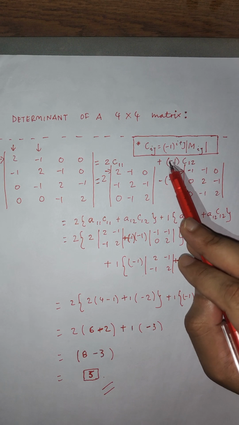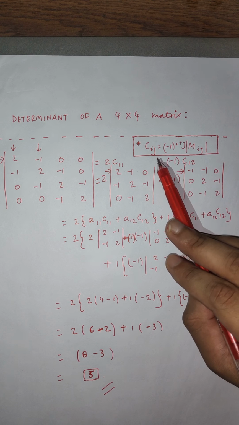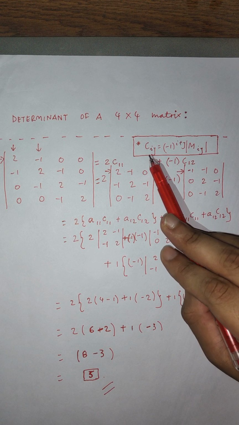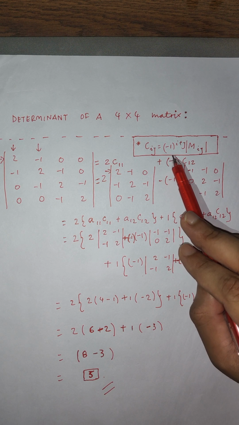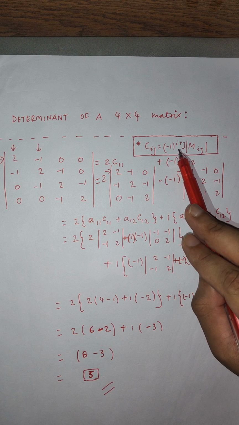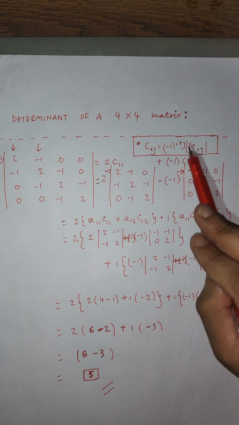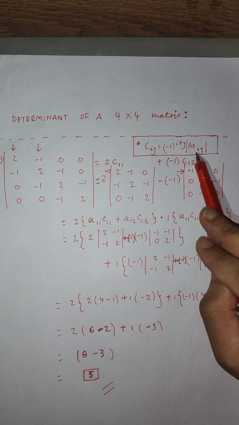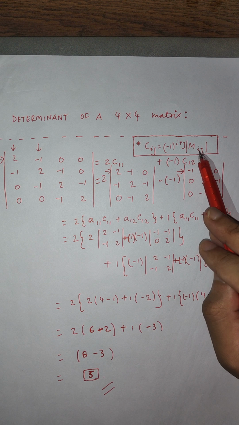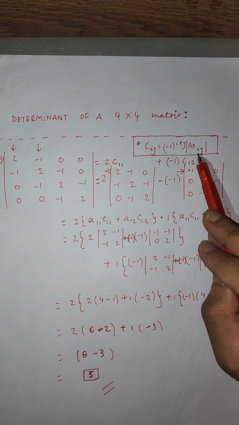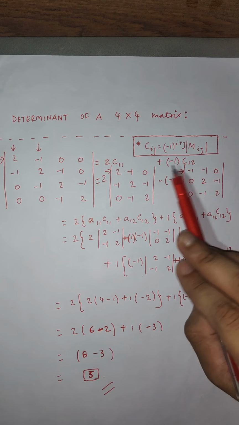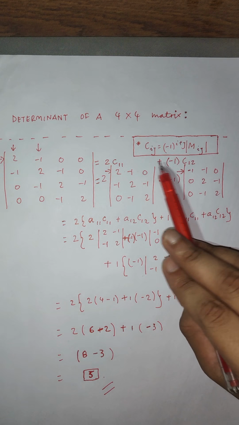This formula is the formula for cofactor. So the cofactor for this position is -1 to i plus j times the determinant of this submatrix M. That was a review of the cofactor.